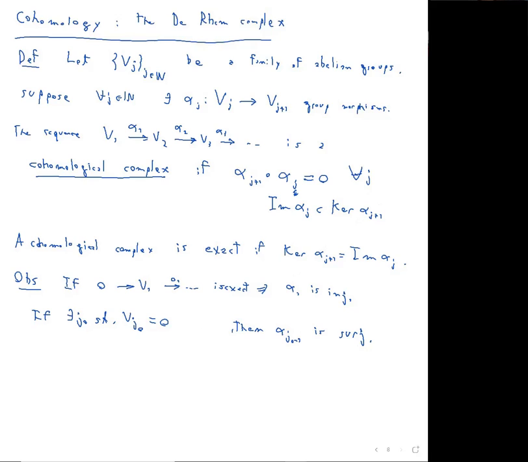And one other thing, which is an exercise, which is very easy, is that if you get more zeros in between, so again, we have an exact sequence. I mean, it doesn't need to start with 0, just an exact sequence.